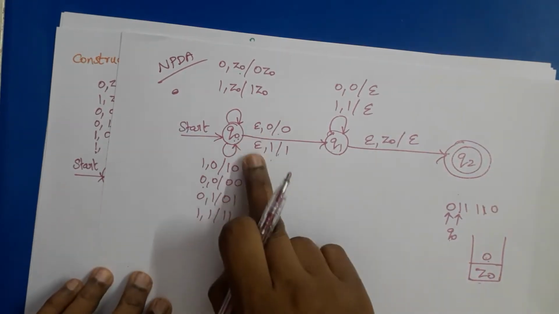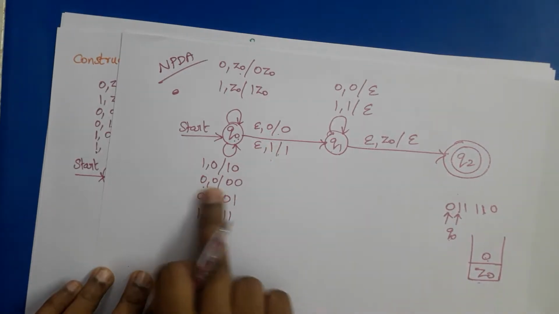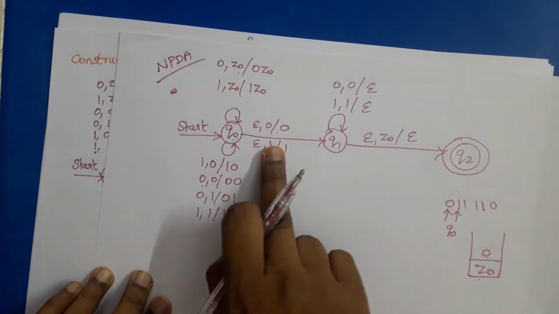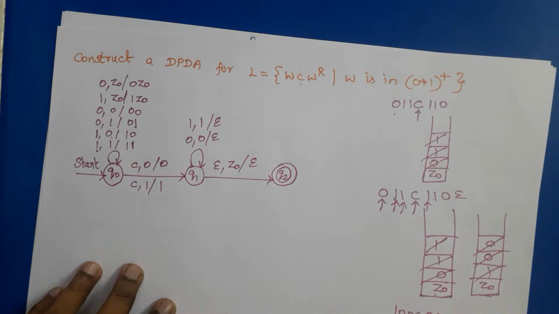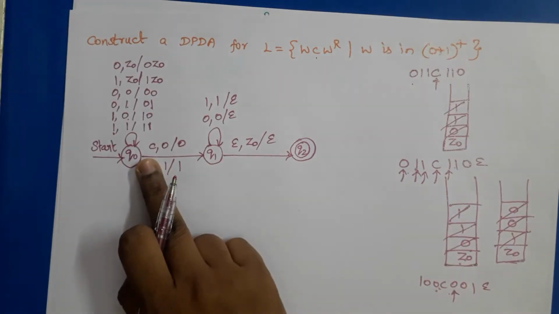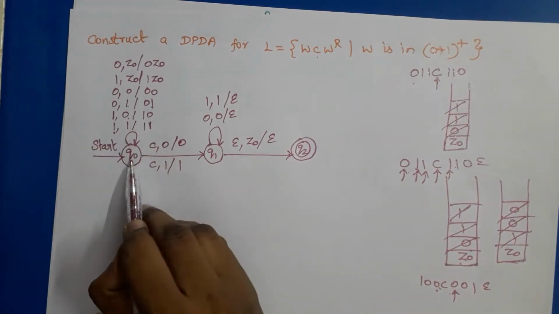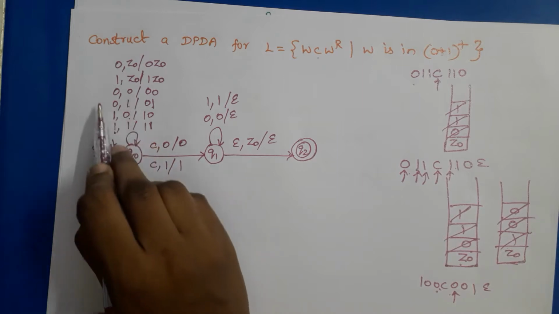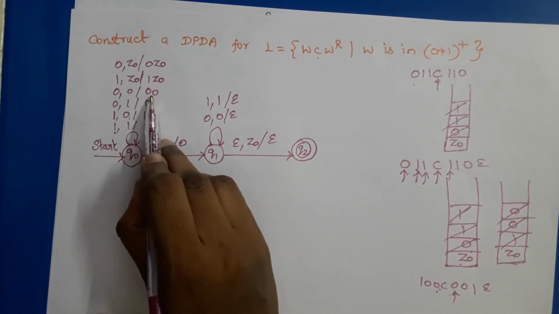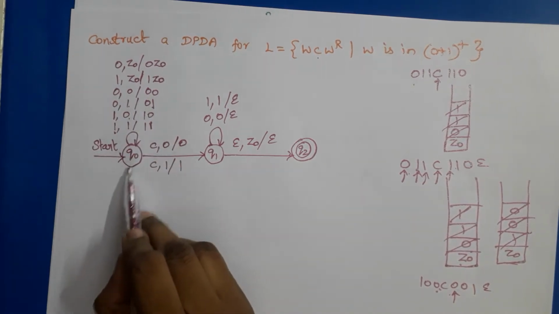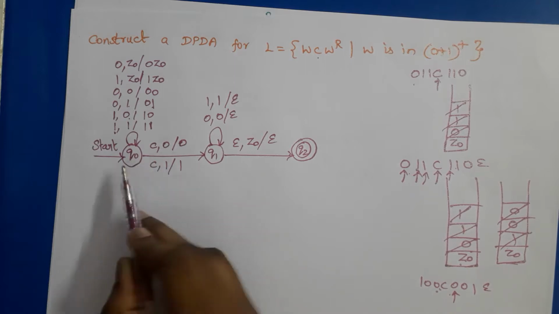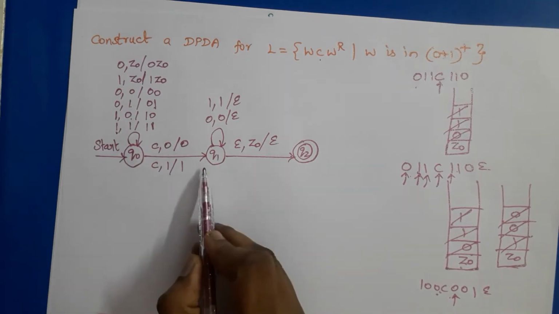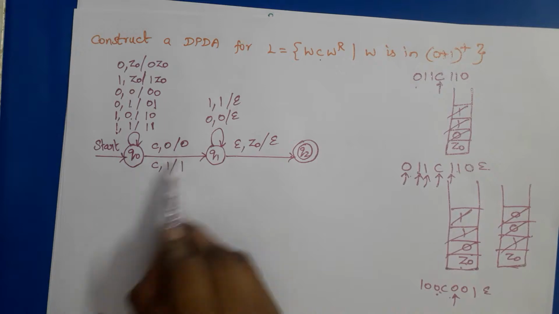So in each and every case, we have a choice whether to follow any one of these transitions. But in the deterministic PDA, C is given. So whenever we see Q0, 0, 0, we definitely perform a push operation. Whenever we see Q0, C, 0, we have to do the state change. This transition should be followed.